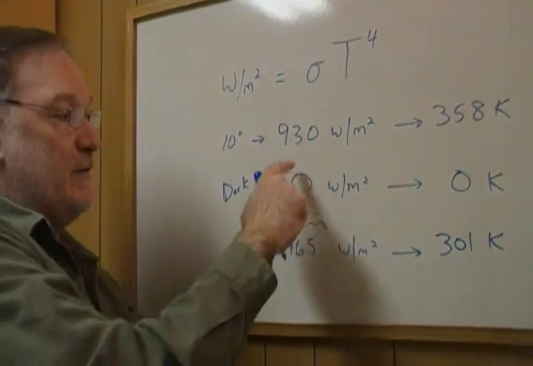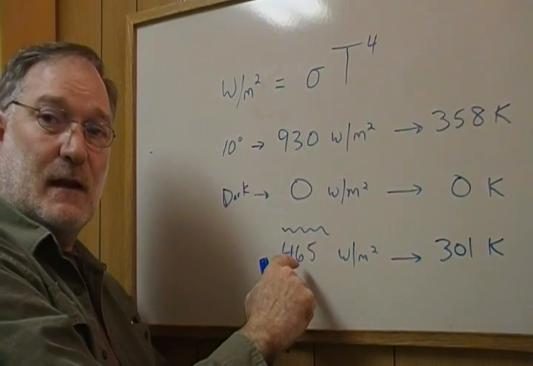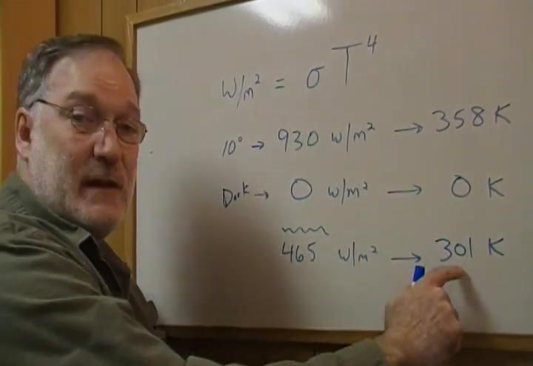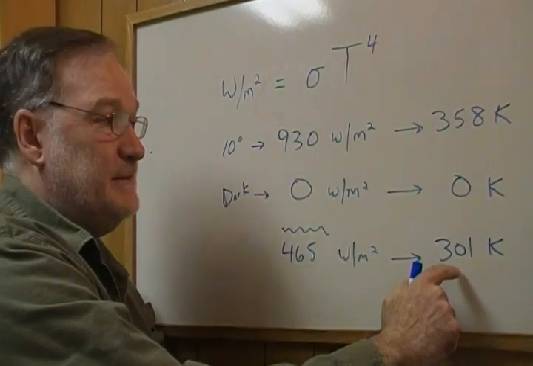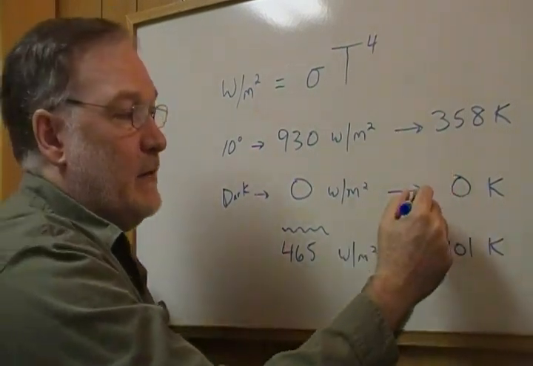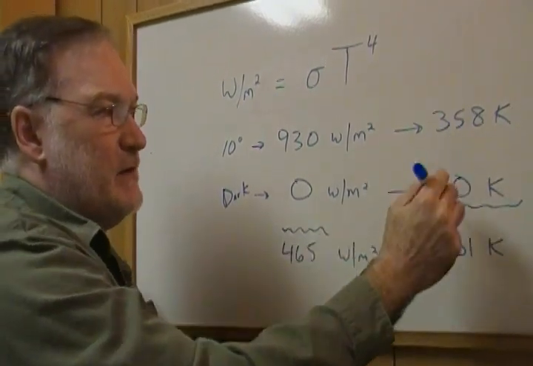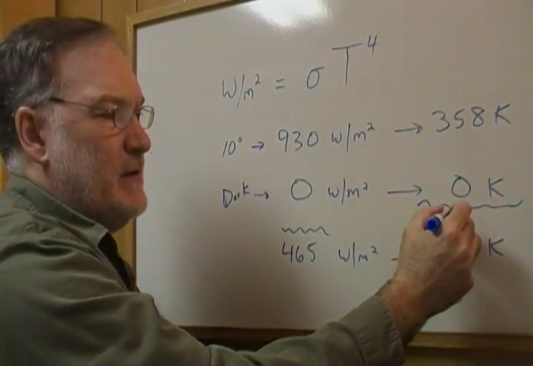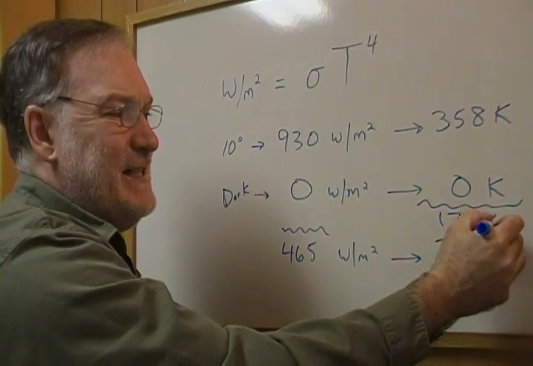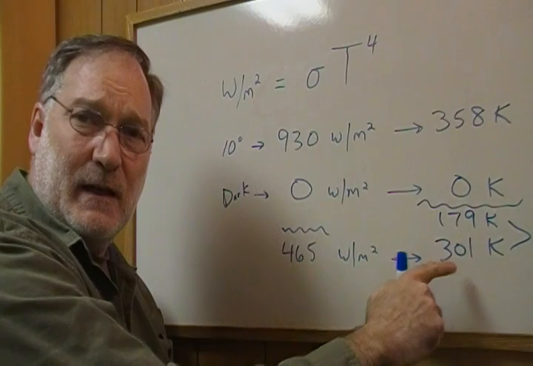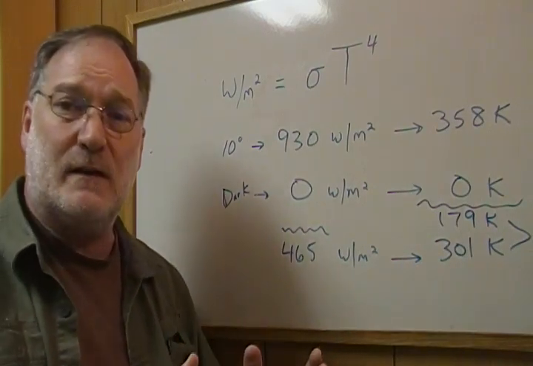So if we average the radiation first and try to derive an average temperature from that, the average temperature would be 301 Kelvin. But the real average temperature, when you add these two surface temperatures up and divide by 2, is only 179 Kelvin. So you can see that the magnitude of the error is increasing when we factor in the dark side.